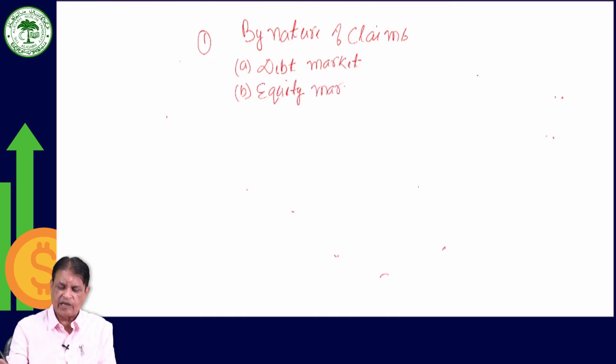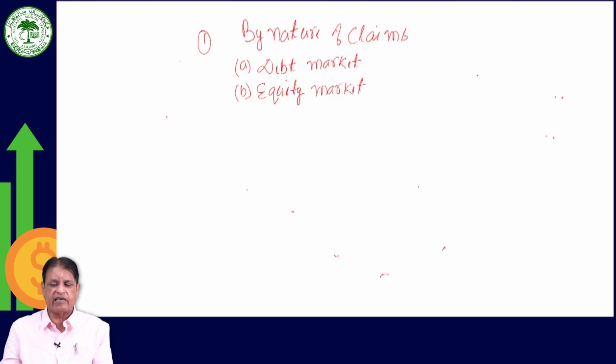So broadly speaking, the financial market can be classified into two markets by nature of claims. In the case of debt market, it is simple borrowing and lending. The funds are transferred from the surplus budget unit to the deficit budget unit, and the borrower pays interest which the lender gets. So this is a debt market.